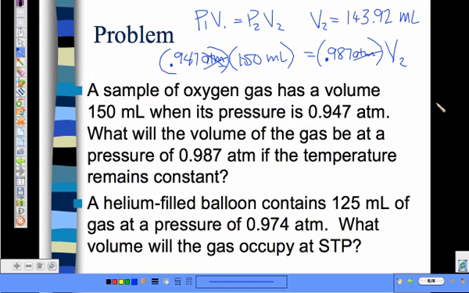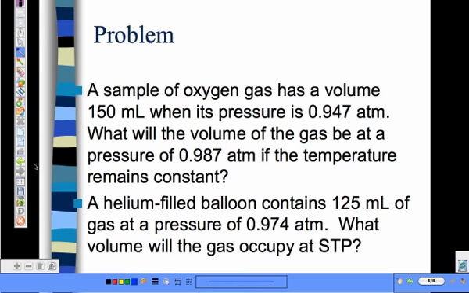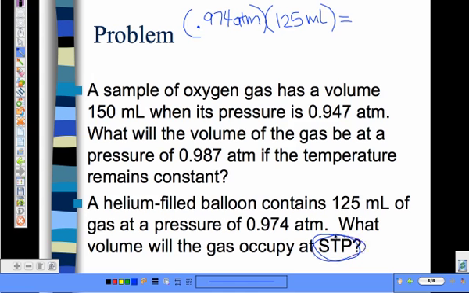Okay. So how about this helium-filled balloon? It contains 125 milliliters of gas at a pressure of 0.974. What's our initial pressure? Initial volume? Okay, what's our changed pressure? We're at STP, so standard temperature and pressure.